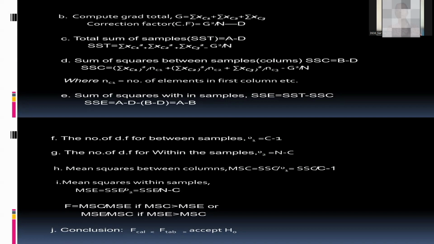The mean squares within the samples, MSE, is equal to SSE divided by N minus C. The last is the F ratio, which will be MSC divided by MSE if MSC is greater than MSE, or MSE divided by MSC if MSE is greater than MSC.